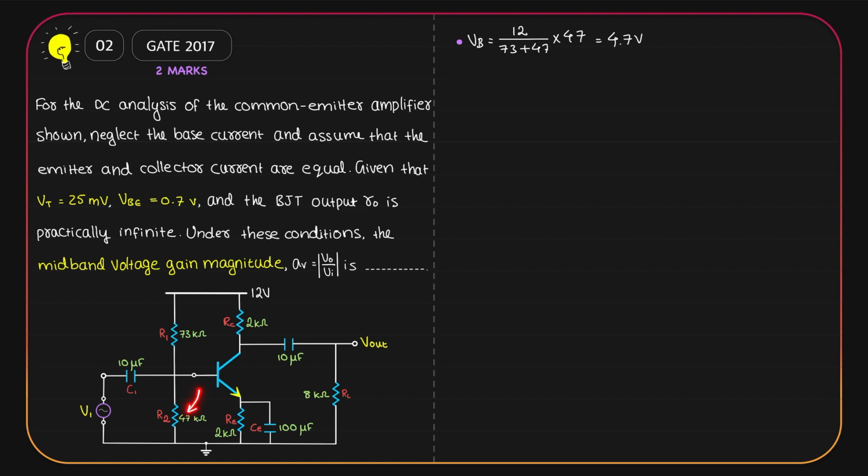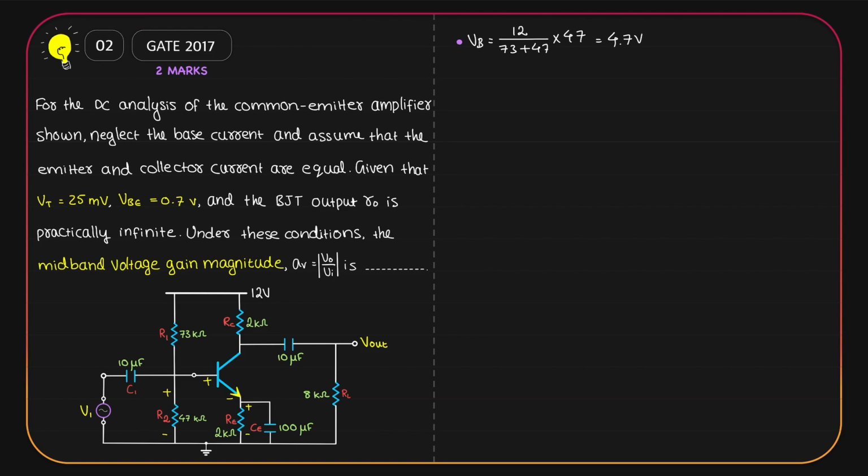If you look at R2, current flowing through it is actually flowing in this direction. That means it has a positive potential here and negative potential here. VBE has positive here and negative here. Since IE is flowing through RE in this direction, that must mean RE has a positive potential here and negative potential here.